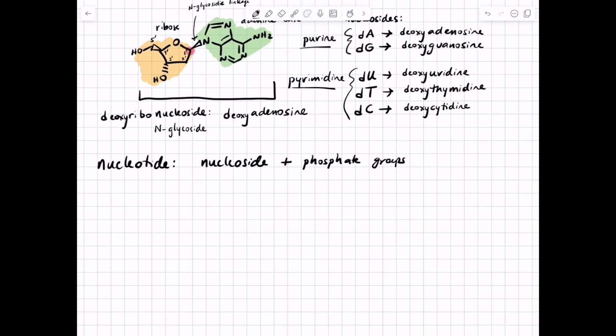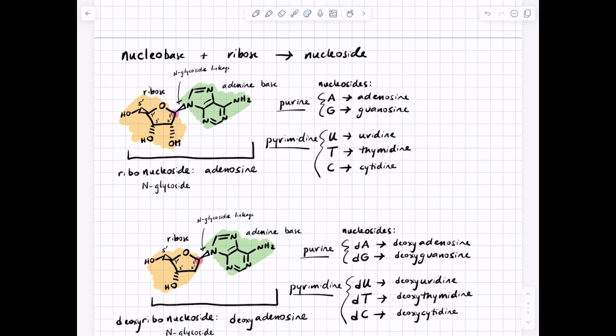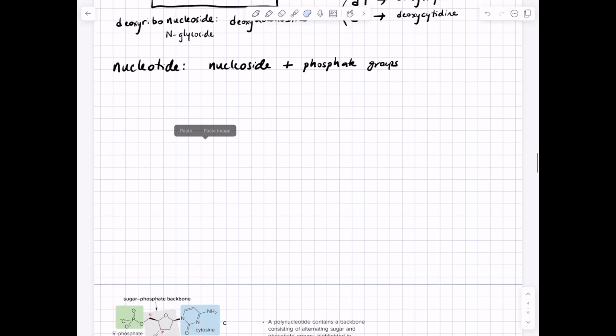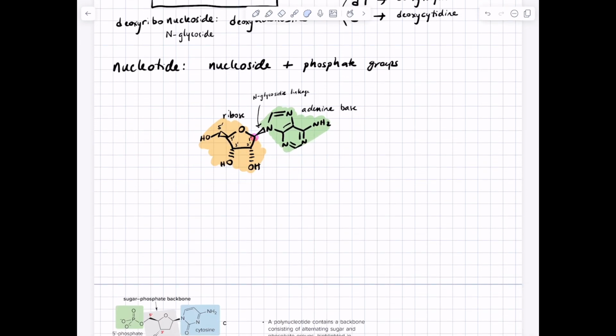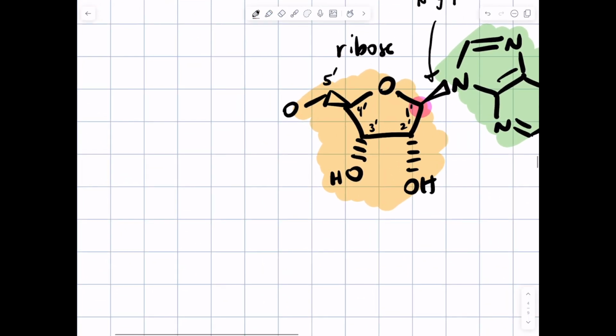And there's a lot of different ways that you could do this, but let's give you some examples. We'll copy the structure of our adenosine nucleoside, and then we're going to take the 5' hydroxyl group and modify it with a phosphate group.